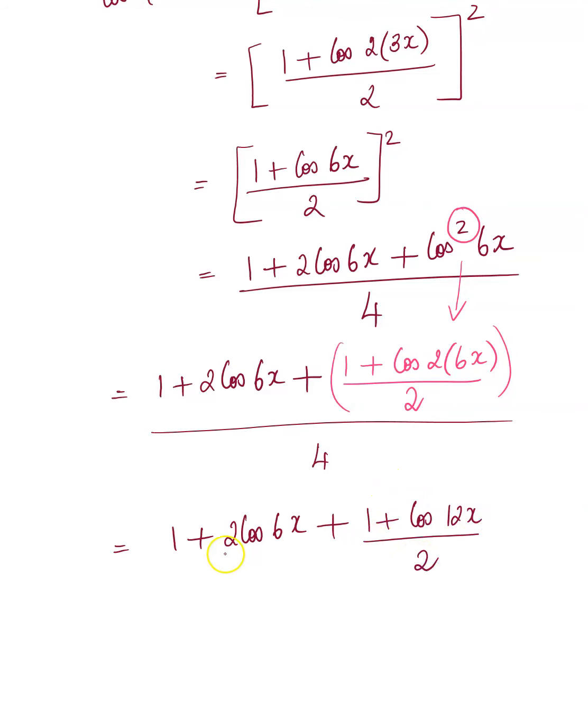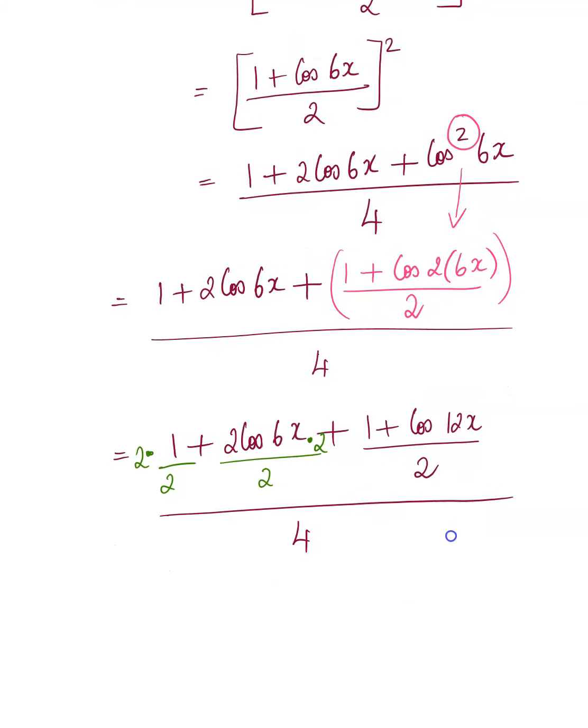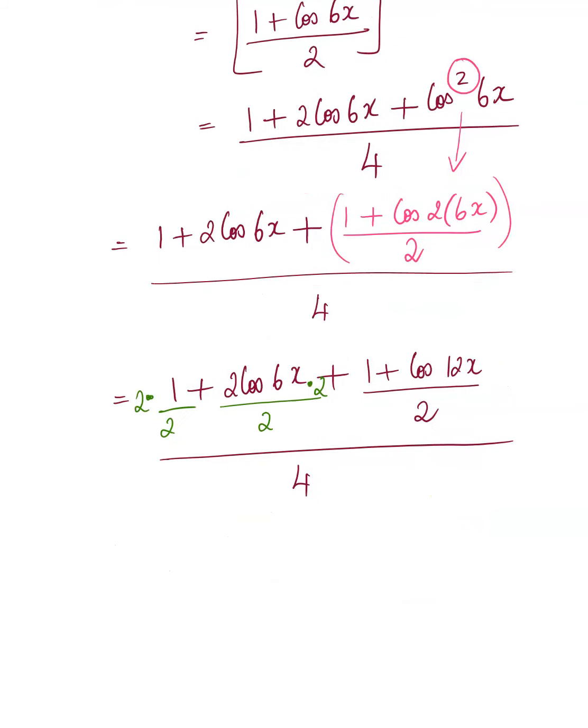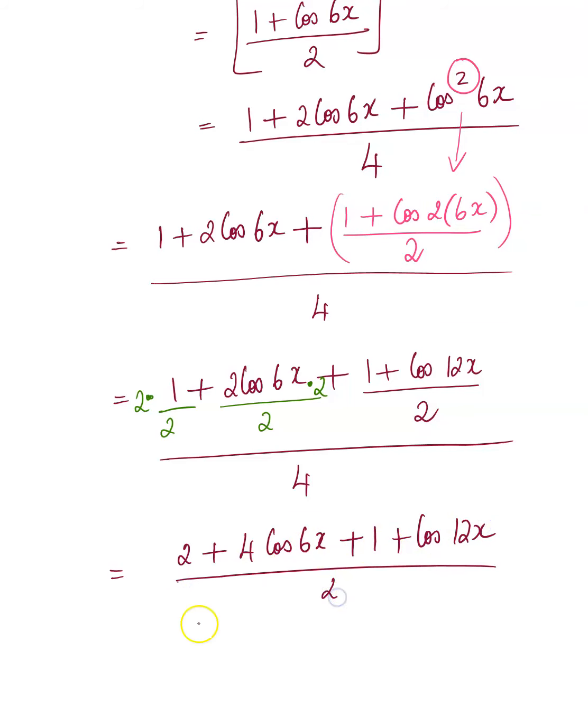So we want to apply the LCD: multiply each term by 2 so that we can combine them all. It will become 2 plus 4 cosine 6x plus 1 plus cosine 12x over 2, all over 4.